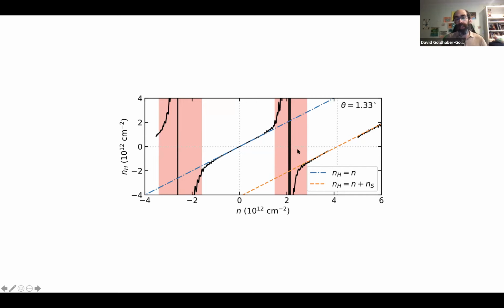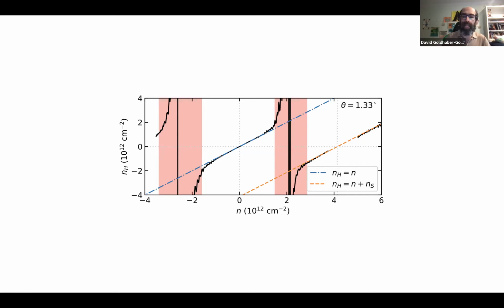Another thing I'll mention is that if you heard Pablo Herrero's talks last week, you would have seen much more jumpy behavior in the Hall signal. Every time you get to 1 electron per Moire, 2 per Moire, 3 per Moire, there would be discontinuities where the system would polarize and form, in some cases, an insulating state.